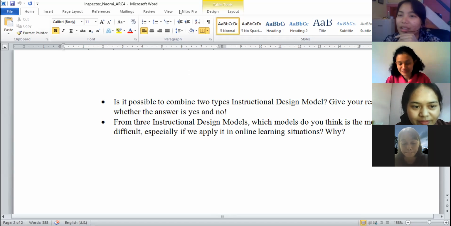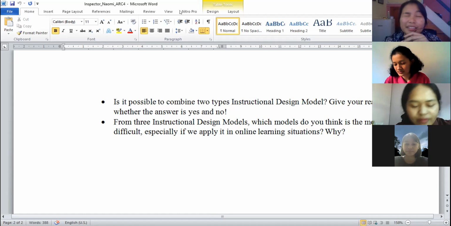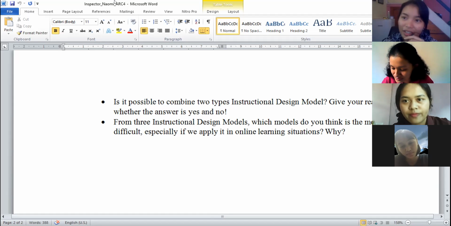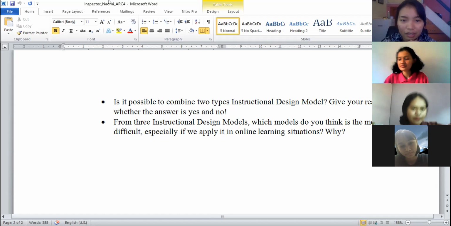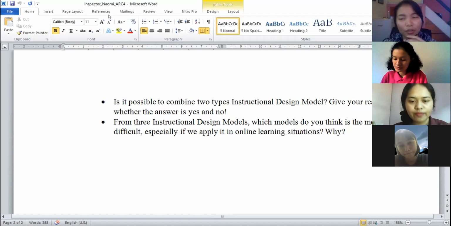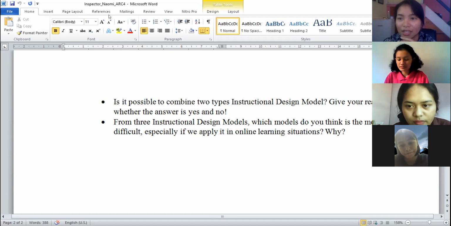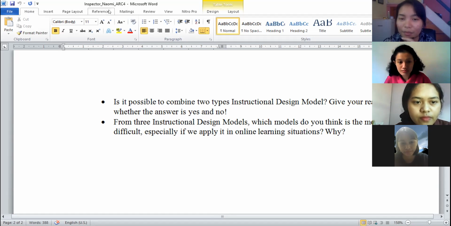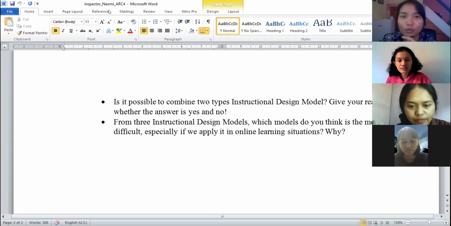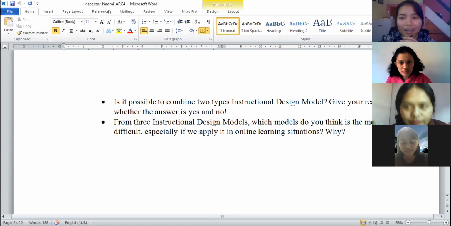Actually, I agree with Ami's opinion because when a model or a type of something is created to help us, it is created to fit our own needs. So if we mix it up, maybe malah makin ngebingungin gitu.